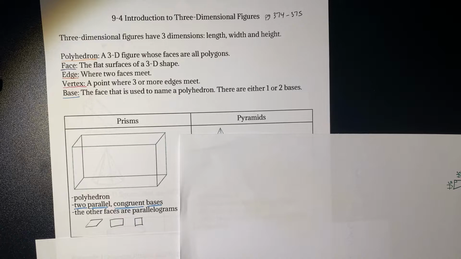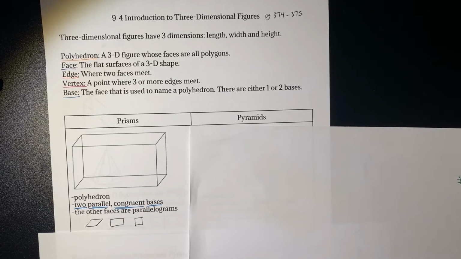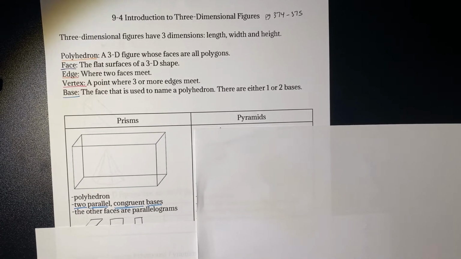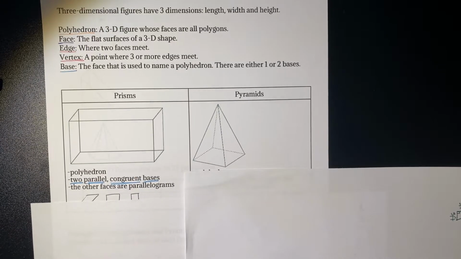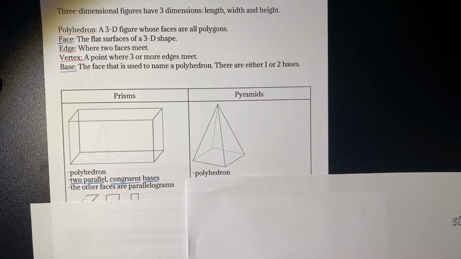Okay, now we're going to talk about a pyramid. Here's a pyramid. Important facts about pyramids: they are polyhedrons. Why?